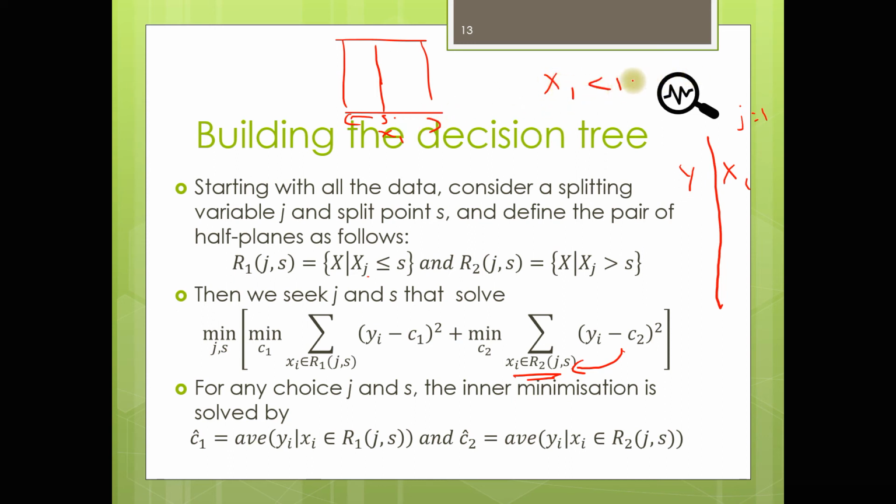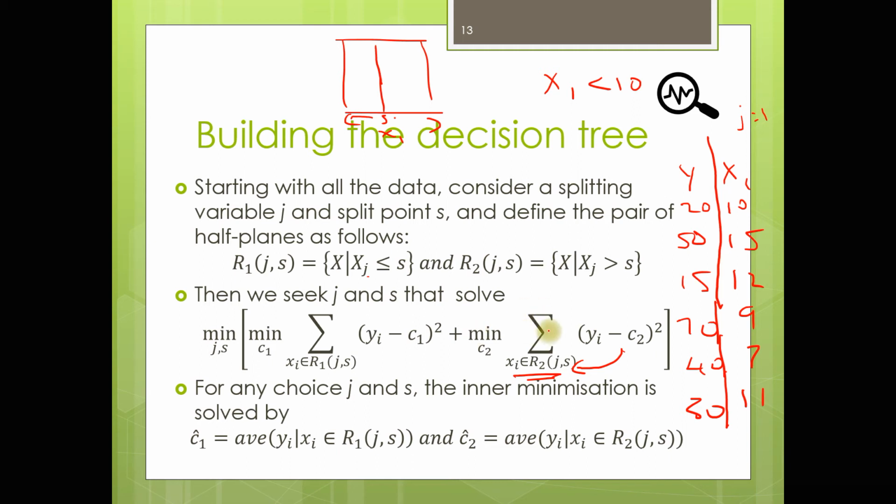Let's suppose it is 10. So you will need to look in your data set at all the values that you have: 15, 12, and then 9, and then 7, and then 11, for example. You have a certain input variable x1 which has a set of values, and then you have a certain response y, which is, let's suppose, 20, 50, 15, 70, 40, and 30, things like that.